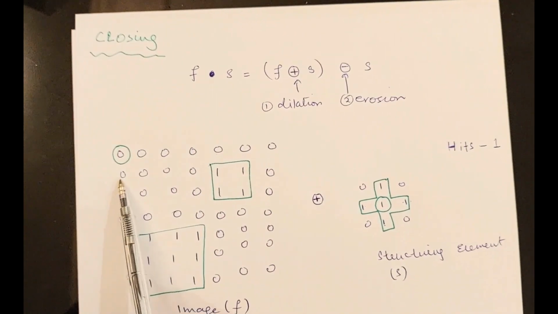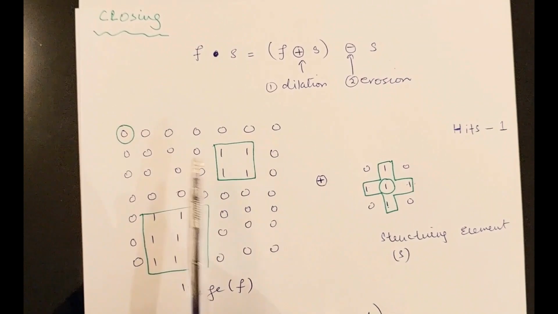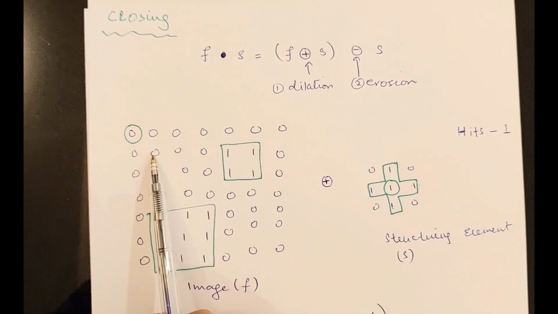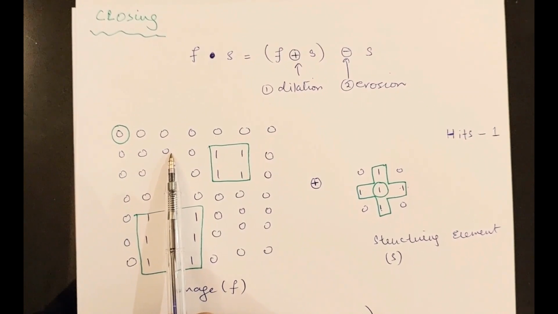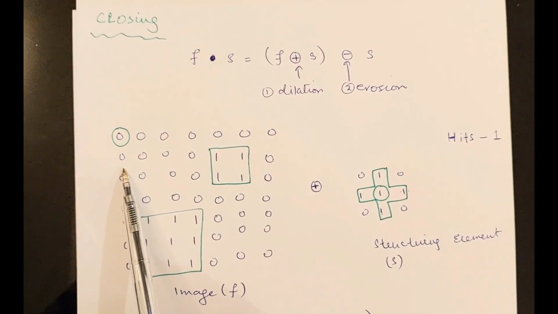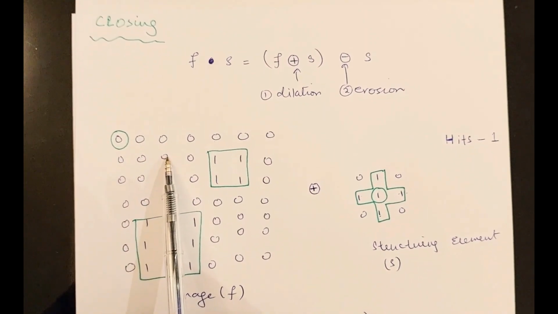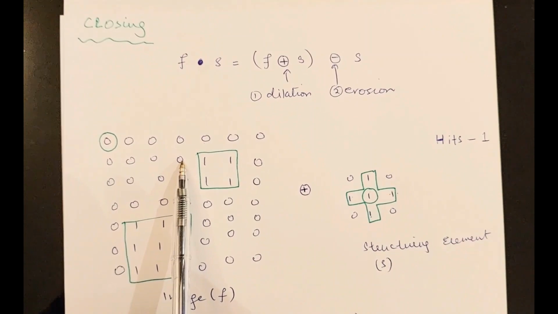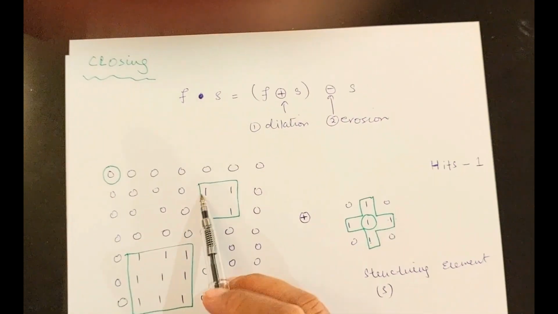Alright, next let's get into the next row. Similarly, when I place the central pixel of the structuring element here, no ones, they will not convert into ones, because you don't have any ones on this side when you place the central pixel here. Similar is the case for here, and here. But when you place the structuring element's central element here, it has a 1 on this side.